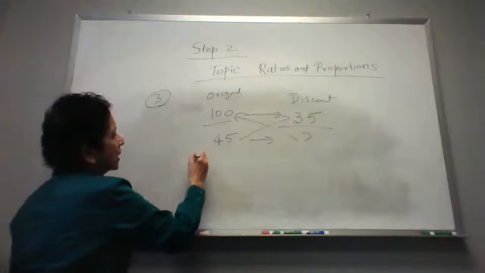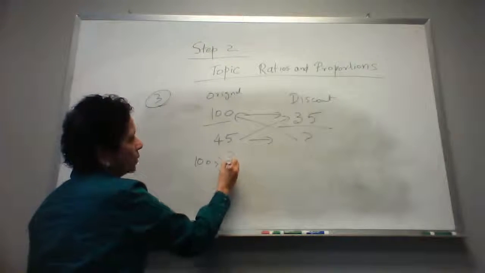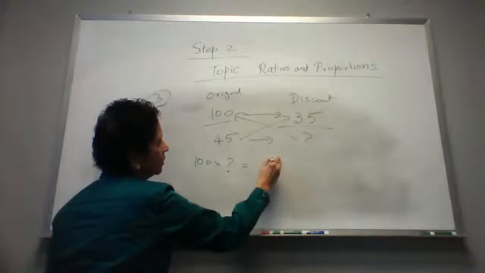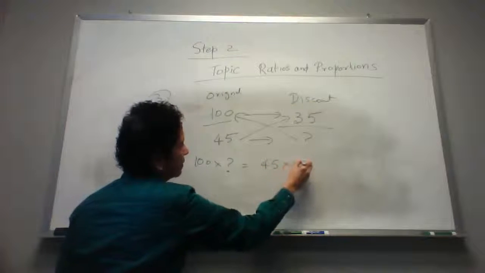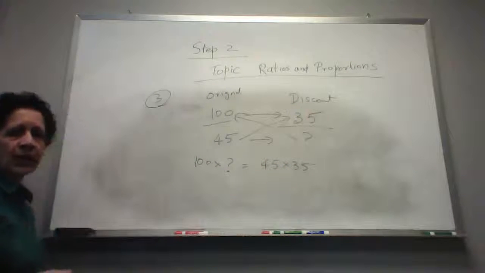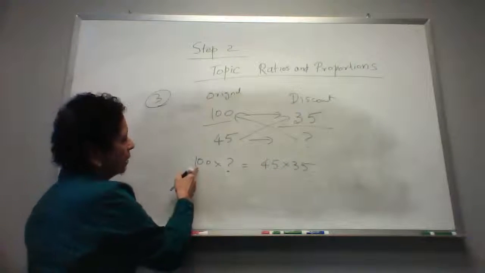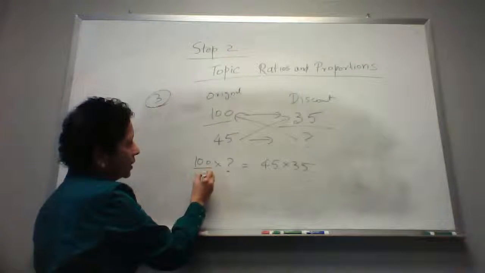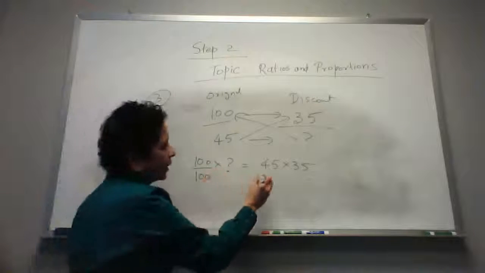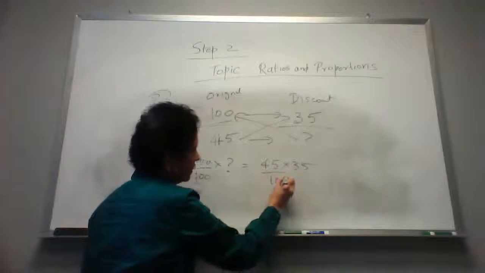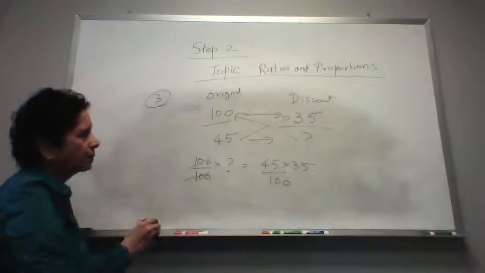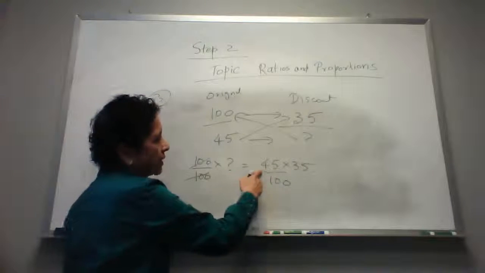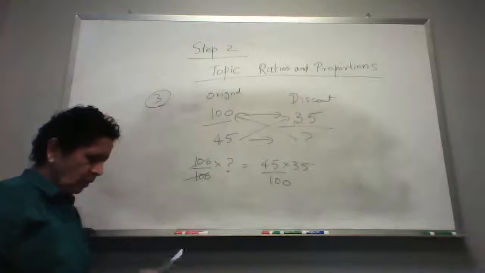Okay? So then 100 times question mark equals 45 times 35. So you can do that in the calculator. So now 100, I don't want the 100, so I divide by 100 here. And to be fair, I need to do the exact same thing here. So 100 is gone. So question mark is 45 times 35 divided by 100.